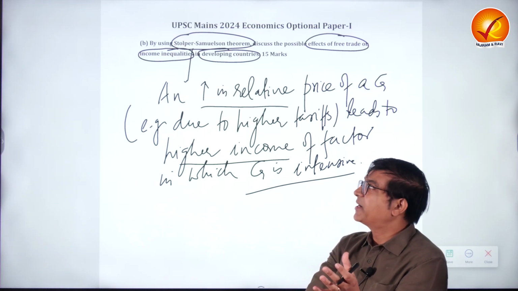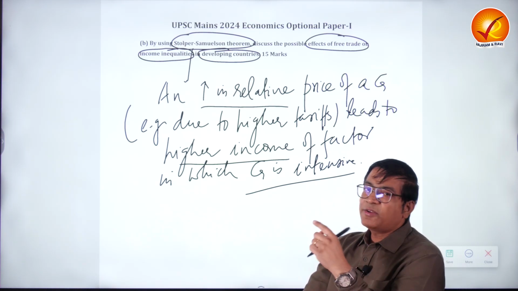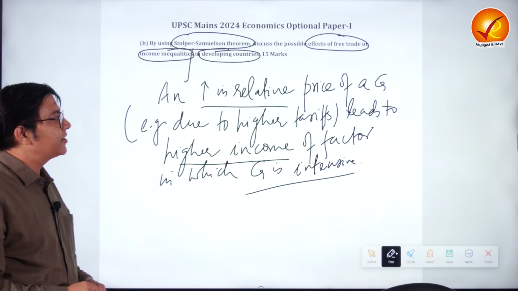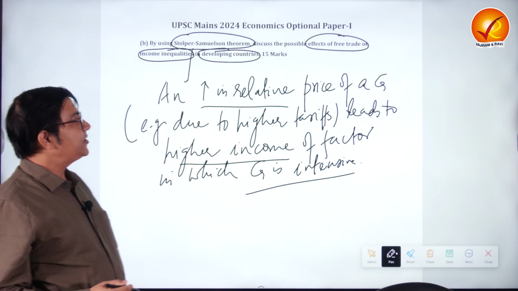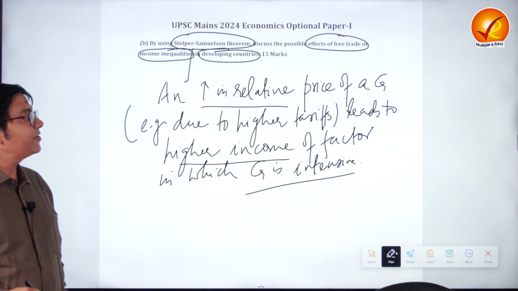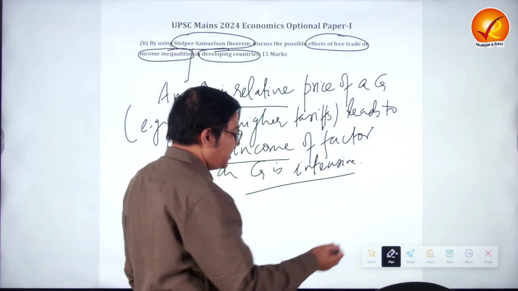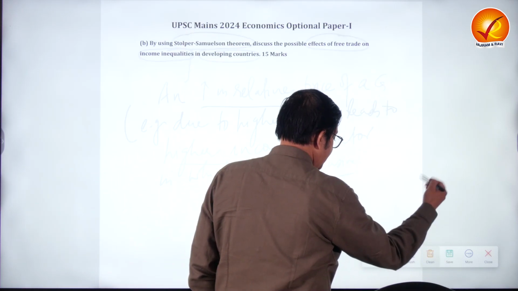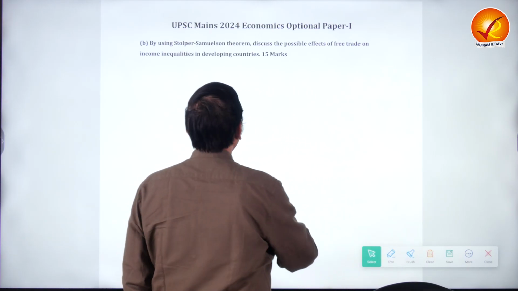Although not the same, this conclusion is very close to Jagdish Bhagwati's immiserizing growth hypothesis, which also tells that free trade is increasing income inequality. But that is based on other aspects, so we are not going into that.